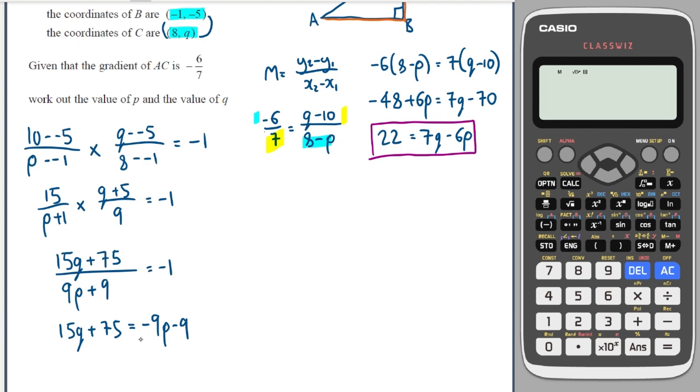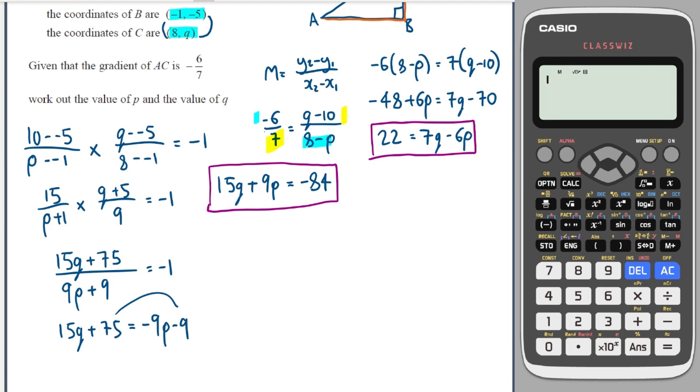And then I am just going to move it all. I'm going to move the 9p over to this side, so I get 15q plus 9p, and I'm going to move the 75 to that side, so take away 75 from minus 9 is minus 84. And great, I've got my second equation for q and p, which means I can now solve them simultaneously.